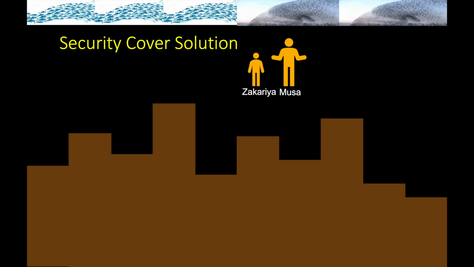So if, for example, the height of all the buildings is given somewhere, someone has already measured it for us, and all Musa and Zakaria need to do is find this tallest value. And once they have the highest building value, they can just simply go to the building and stand on top of it and look out for the security, and their job is done. They found the tallest building.